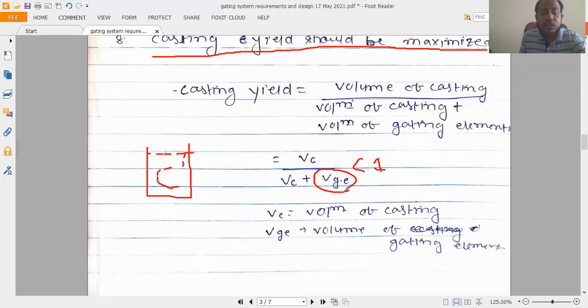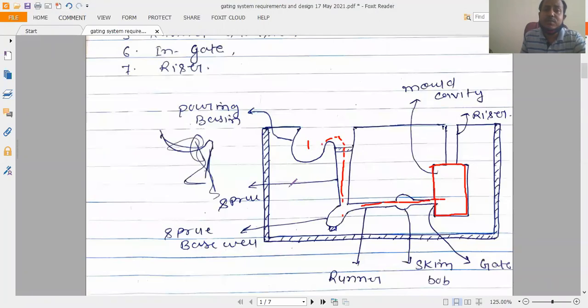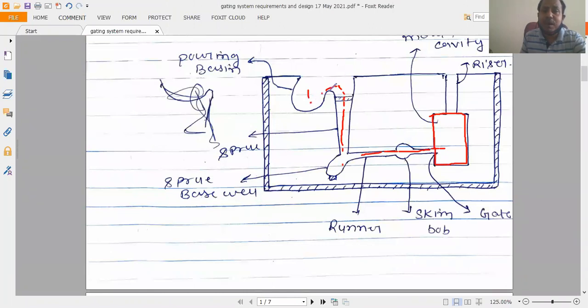If this is maximized, it means the volume of the gating element should be lesser. If it is lesser, the casting material will not be wasted in this part, so that the waste of molten metal is reduced and we obtain a perfect economical casting.